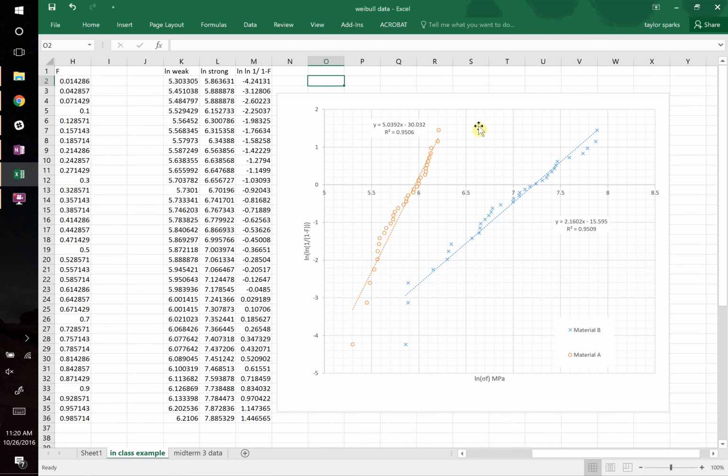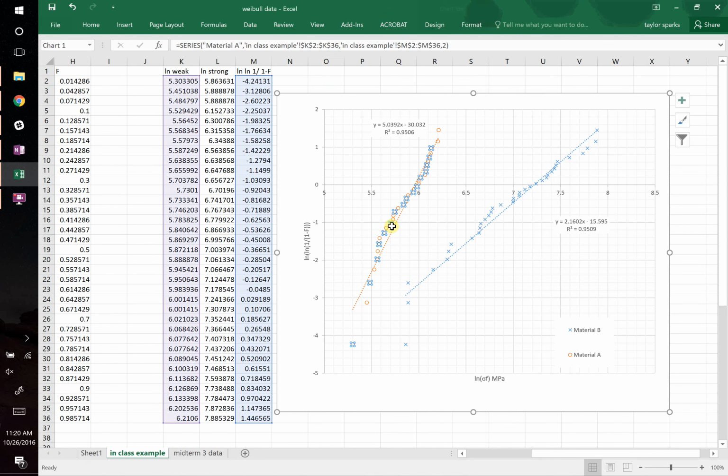So from these, we immediately know that the orange data set, which we said is our weak data set, which we designed to be a tighter data set, in fact has a higher Weibull modulus, 5.039, than the other data set right here, which was our strong data. The slope is 2.16, so its Weibull modulus is lower.